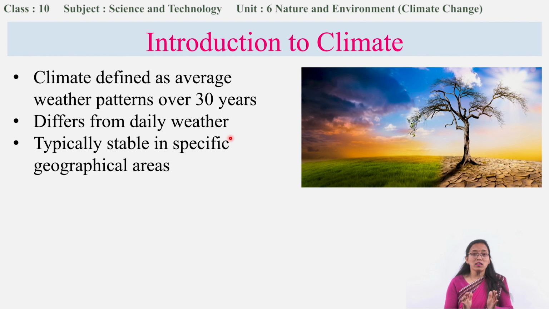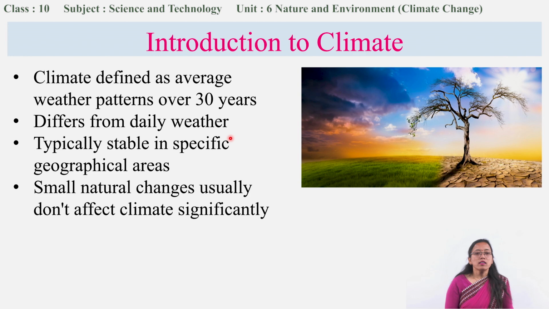So for a particular area, the climate pattern may change slightly, but not completely, while weather is changing. Small natural changes usually don't affect the climate significantly. Already I have told you, weather is changing, but those small changes in the weather or environment don't affect the climate.